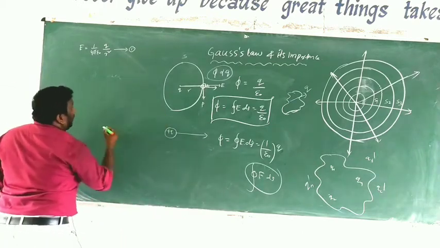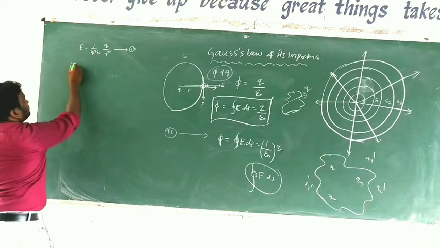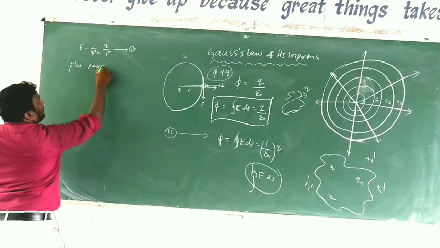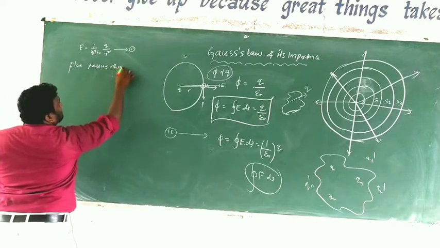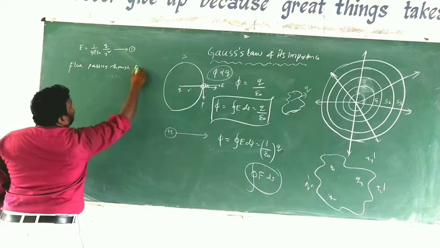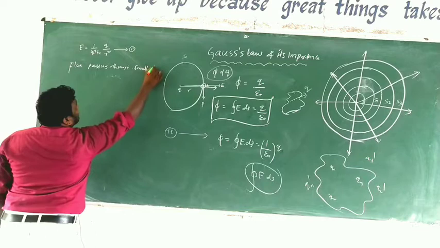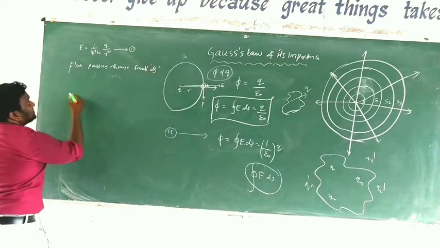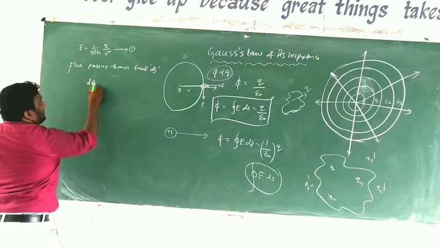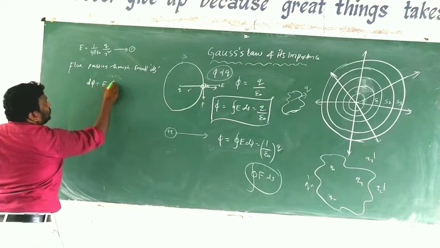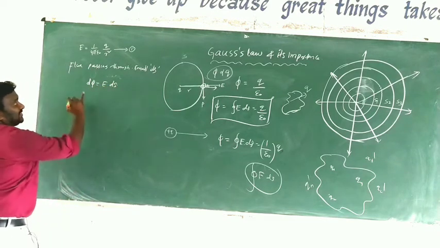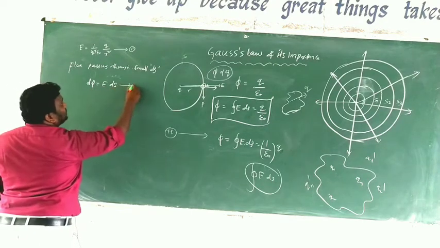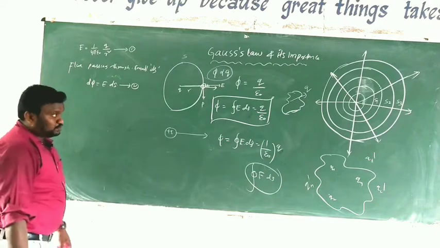Now in this case, how can we write flux? The flux passing through a small surface ds can be written as d phi is equal to E into ds. Now this is equation number 2.